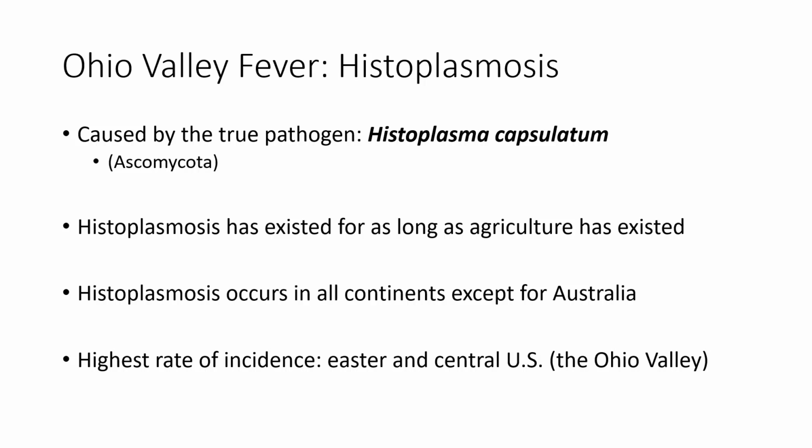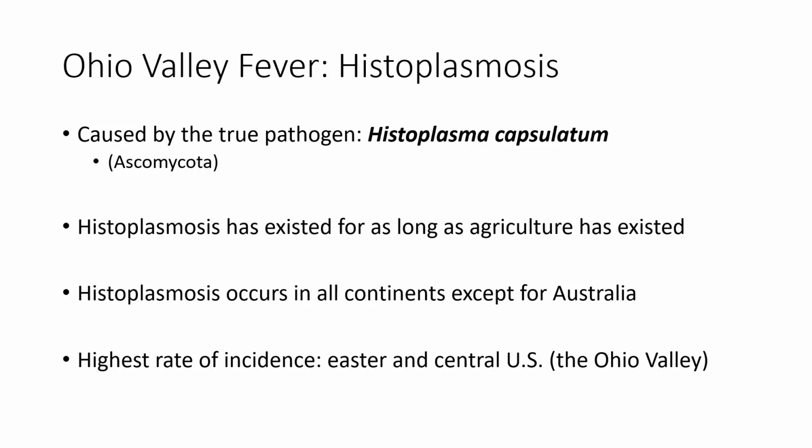Okay, it's just that mixing, okay, that has allowed for this disease to occur, and so histoplasmosis occurs in all continents except for Australia. So lucky them. Sad for us.